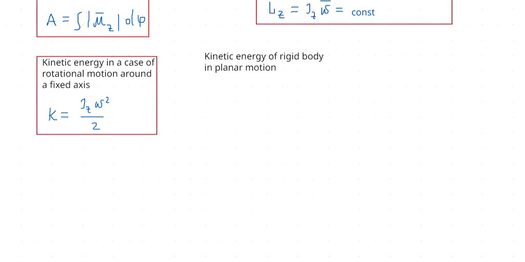Kinetic energy in this case is equal to m multiplied by v0 squared, where v0 is the velocity of center of mass, mass multiplied by squared velocity of center of mass, plus I0, where I0 is the moment of inertia related to the axis that passes through the center of mass, divided by 2.